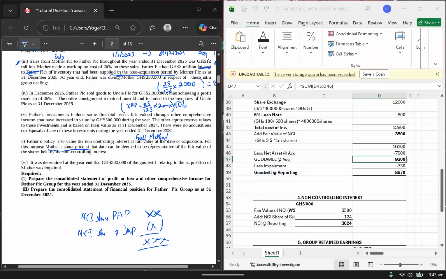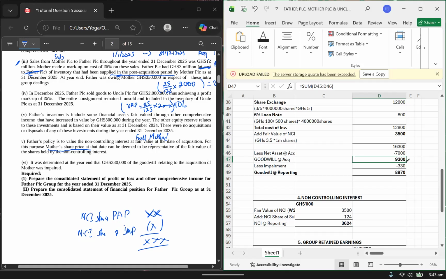We would have taken this 9,300 as our goodwill and sent it towards the statement of financial position as goodwill, part of non-current assets. And I said earlier that in case you end up having goodwill to be negative, it will be treated as a gain. In that case, it will not go towards the statement of financial position, but rather the statement of profit or loss. As a gain, you add it to your income, maybe other income or something.